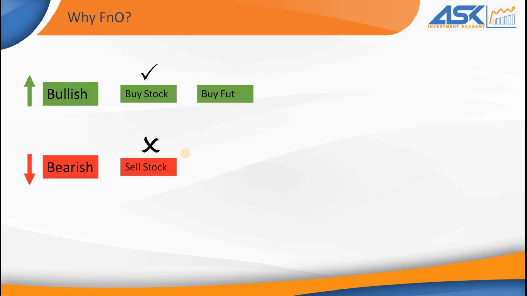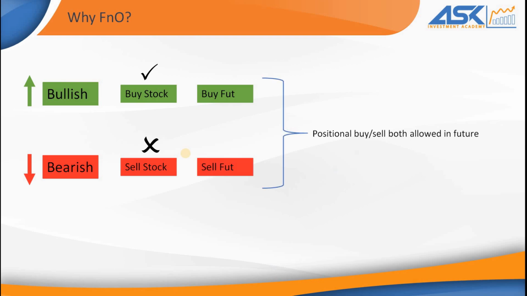So if you think the market is going to increase, you can buy the stock in intraday, you can buy the stock in delivery, you can buy the futures segment stock. If you predict the stock is going to fall, you can short sell the stock in intraday. You cannot short sell the stock in delivery or positional, but you can short sell the stock in futures. So these two trades are allowed: buying the futures and short selling the futures.